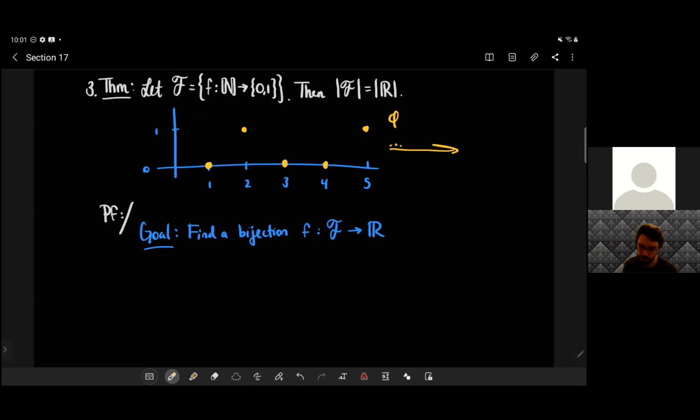And this goes on forever, right? My domain is all the natural numbers, so I go on forever. And the claim is, if I actually list out all of these functions, think about all the ways I could light up this infinite strip, then actually there are uncountably many functions of this type, which feels weird because N is countable, right?